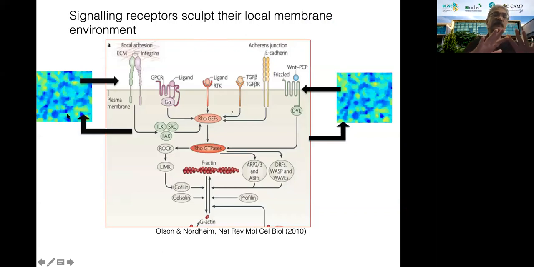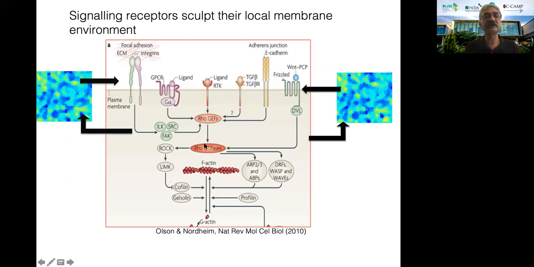We now know this, and I will not take you through some of the data today, but we understand fully well how these patches arise: by the generation of these actomyosin machineries triggered by the activity of membrane receptors that are activated by ligand. When membrane receptors get activated by ligand, they activate Rho GTPases.